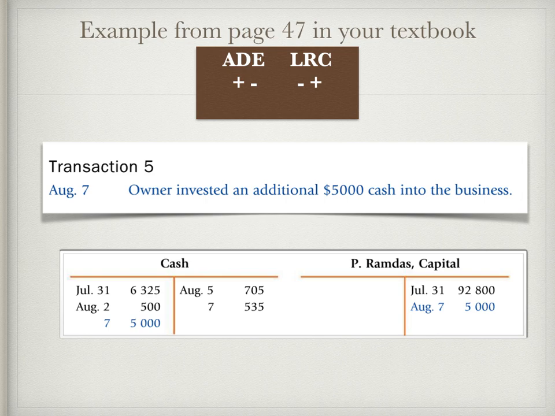Our cash asset increases on the left or the debit. And the owner's capital is also increasing because he's investing more money in the business. So his equity in the business is going up. And that happens on the credit side by $5,000. So once again, our debits equal our credits.